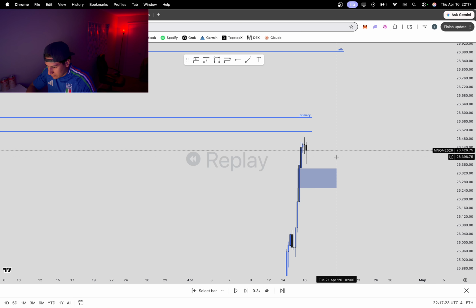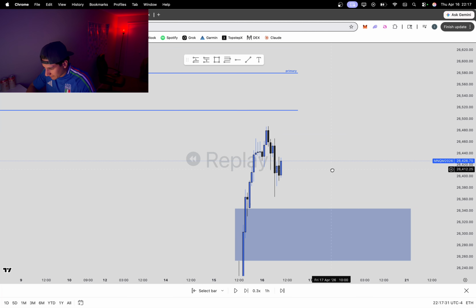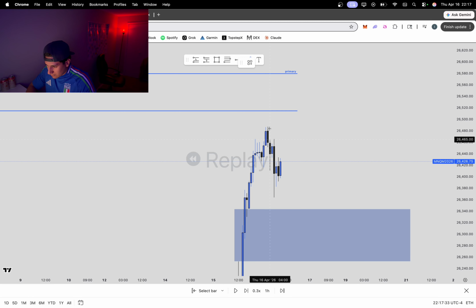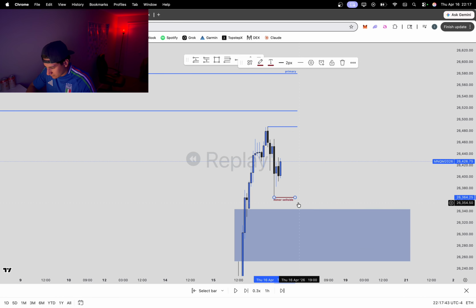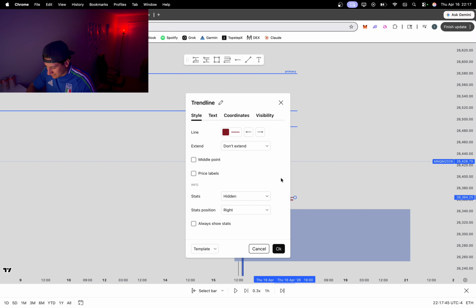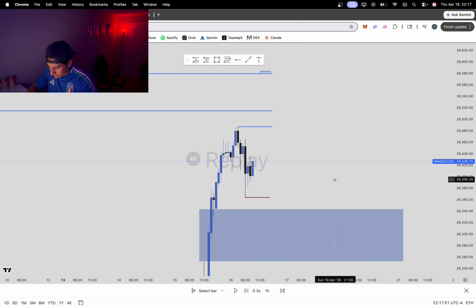Cool. After that, I drop down into the 1 hour time frame. One hour time frame shows a swing high right here, and sell side right here. Cool.